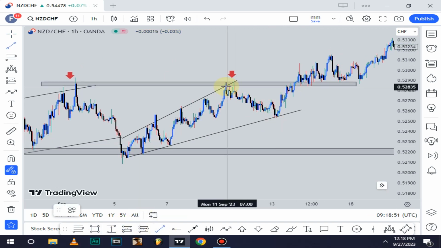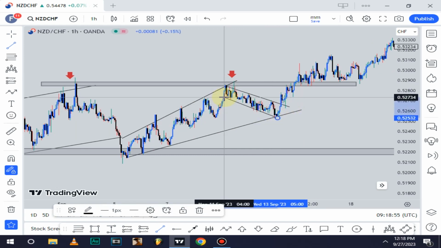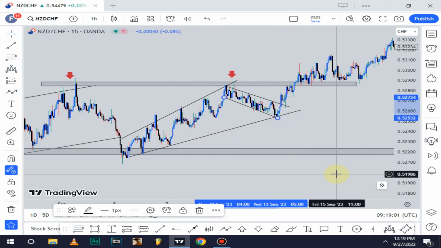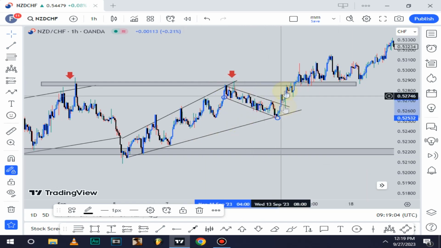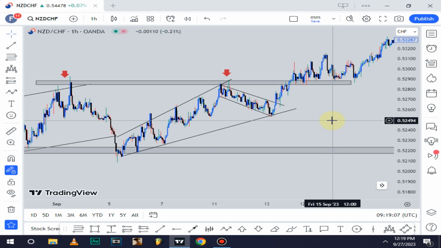The market might continue giving us expanding channels until it goes to wherever it wants to go, right? So this is the opposite. When you see a contraction channel, then get ready for a reversal. But when you see an expanding channel just like this, then now the market is not ready to go back to its normal or former direction.